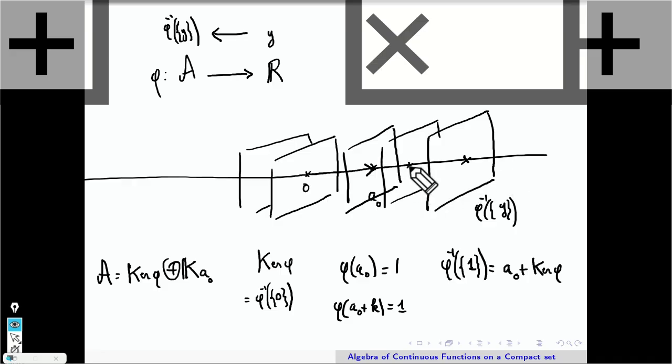So here there's one intersection. So I can parameterize the set of level sets. So this is the definition of the quotient. The quotient is the set of level sets.